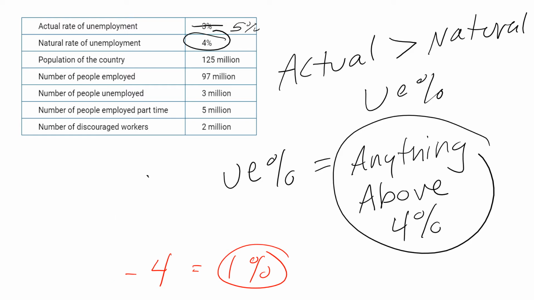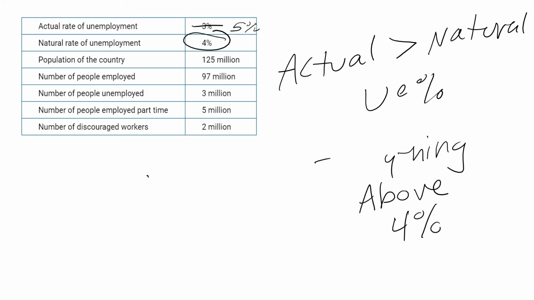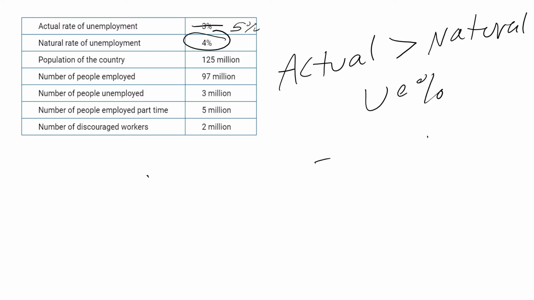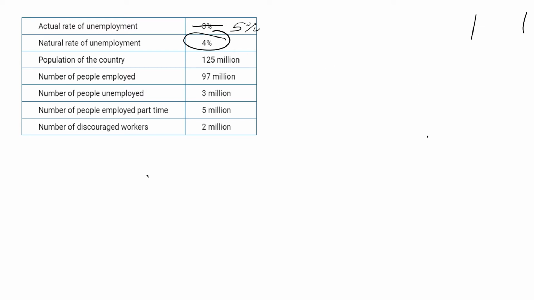The rest we could say is structural unemployment, or maybe some, well, it wouldn't be seasonal because we take that out of our calculation. Structural, maybe frictional unemployment, but we would not expect anything within our natural rate of unemployment to represent any cyclical unemployment. So anything above the natural rate must be cyclical.